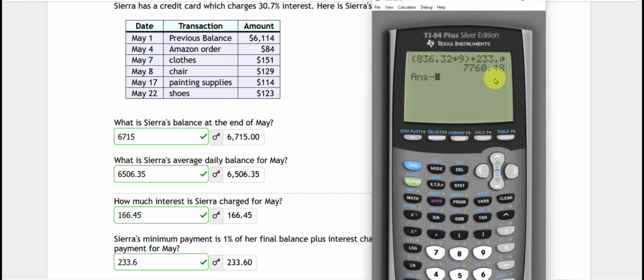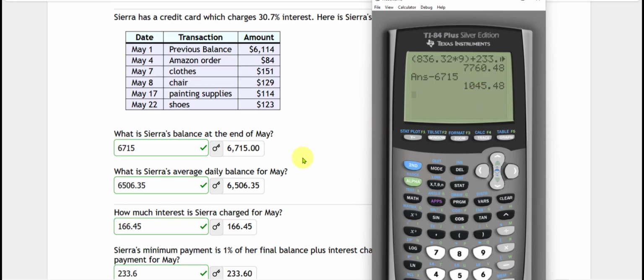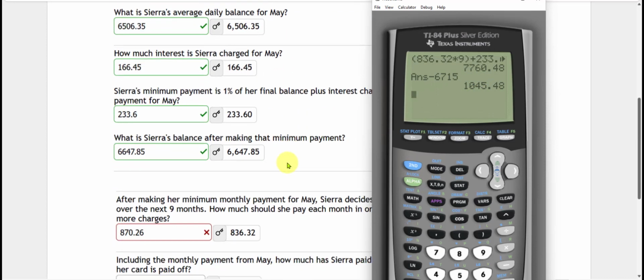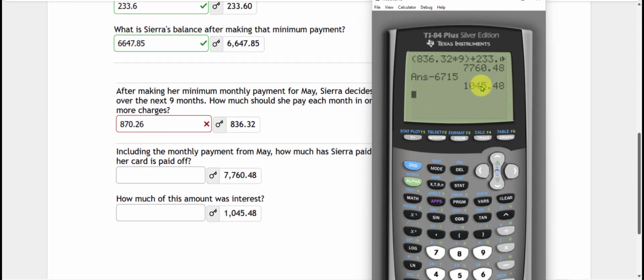So we take what she paid, subtract this initial amount, 6715. So this is the extra amount of money that she has to pay when she borrowed the money. So that is $1,045.48.